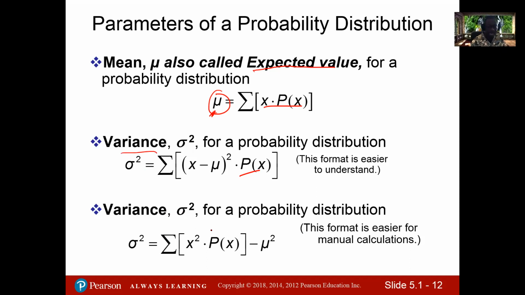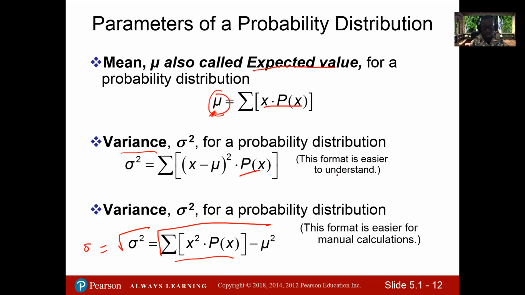Or we can square the x's, multiply each by the corresponding probability, sum everything up, then subtract the square of the mean. That gives you the variance. The standard deviation, of course, is the square root of this expression. I'll have it in the next slide.